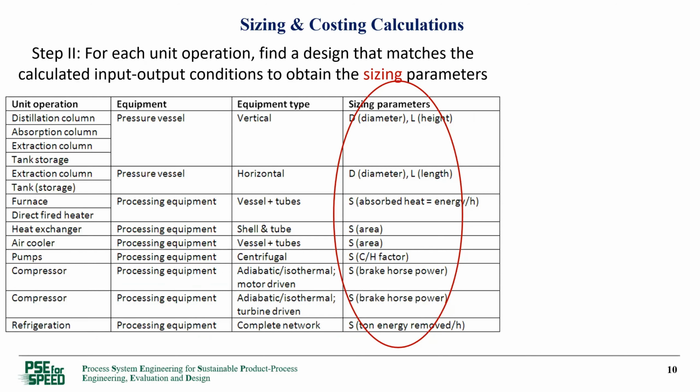So if it is a pressure vessel, it's the diameter and length, whether it's vertical or horizontal. If it is a furnace, then the absorbed energy needs to be calculated. Heat exchangers is the area. Compressors, pumps are the brake horsepower, and refrigeration, ton energy removed per hour. So there are different ways to calculate it.